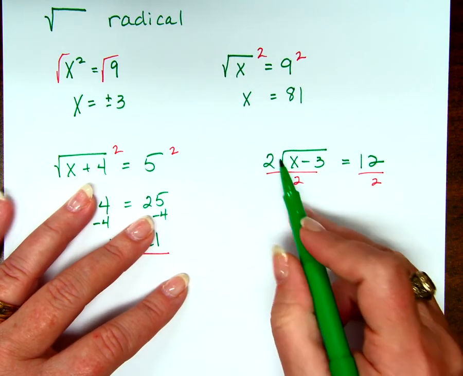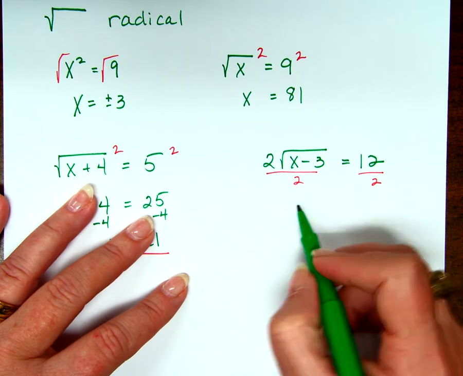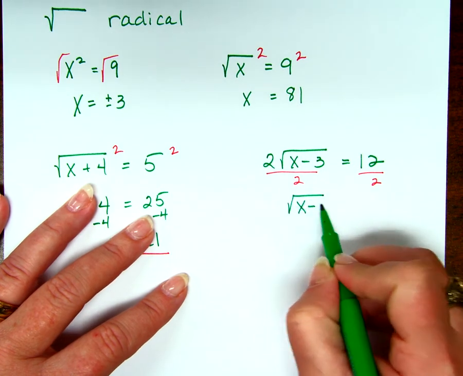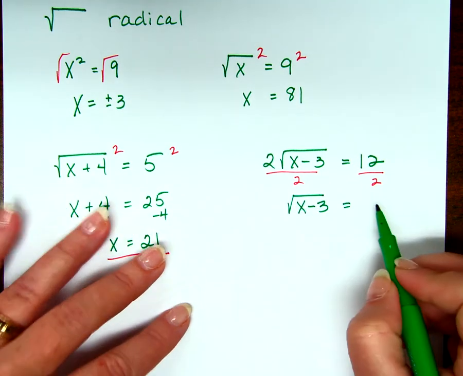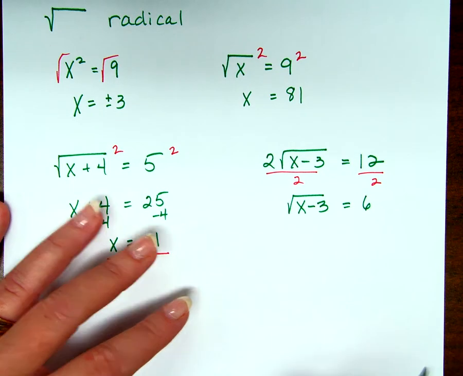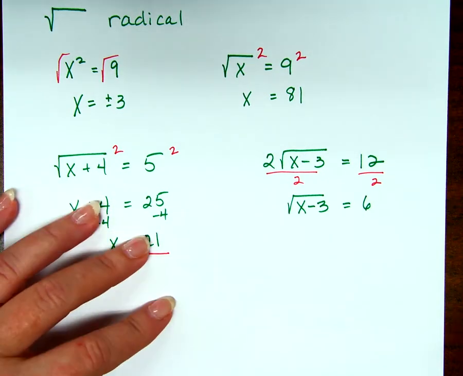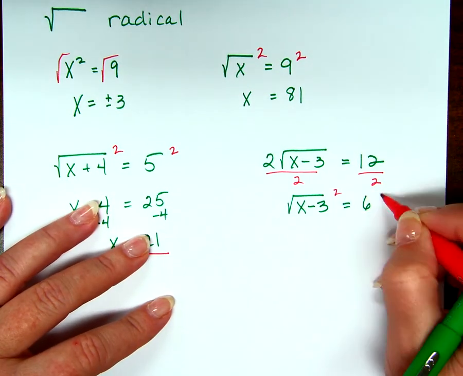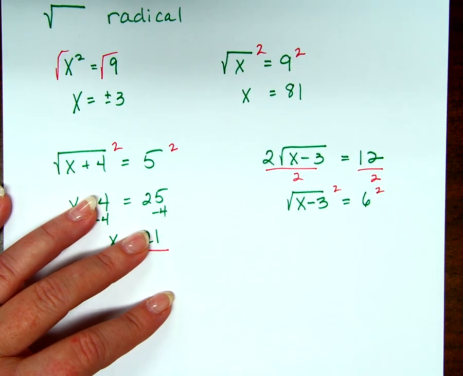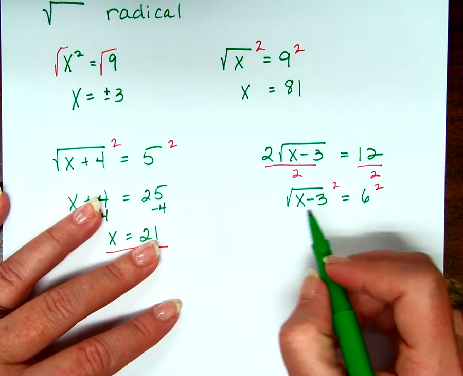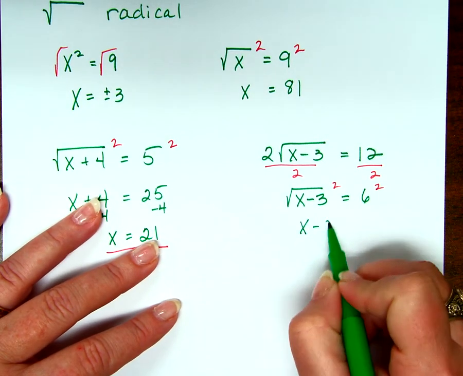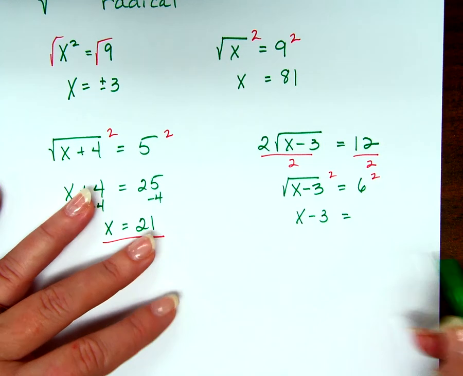When I divide both sides by 2 first, what's left on the left-hand side? Square root of x minus 3. And on the right-hand side, 6. Now that the radical's isolated, I should square both sides. Yeah? What's left on the left-hand side? X minus 3. And what's left on the right-hand side?